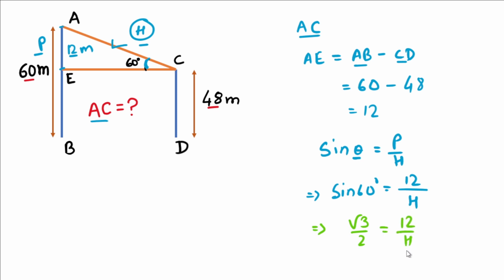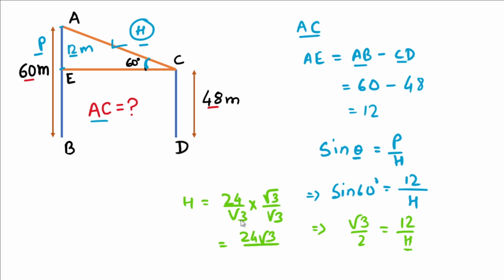Now from here we can calculate the value of h. Cross multiplying, h is 12 times 2, which is 24, divided by root 3. To simplify this expression, we multiply and divide by root 3. In the numerator we have 24 root 3.